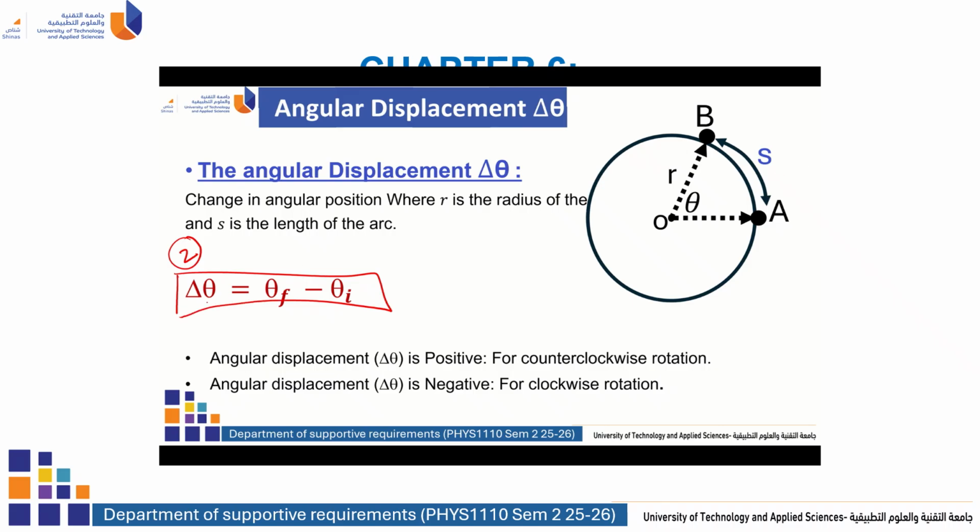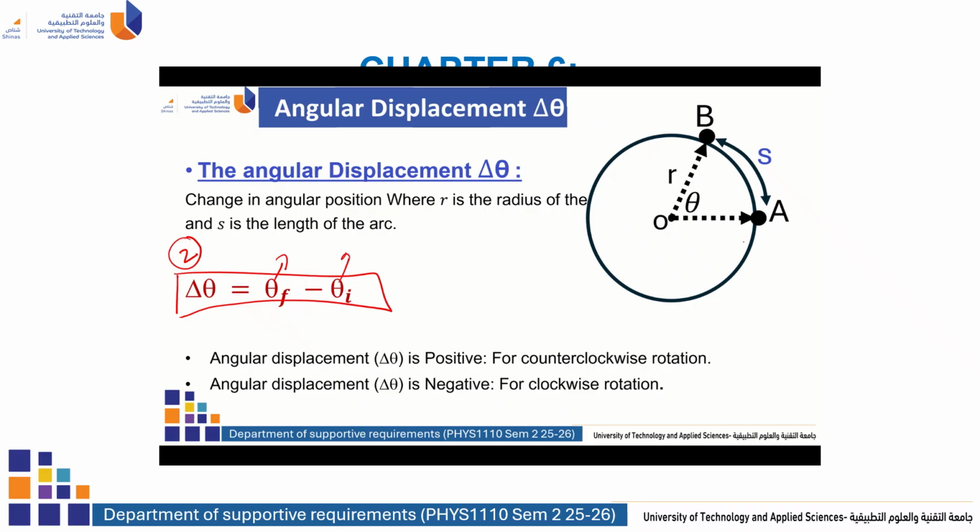The formula is delta theta equals the final angular position, theta f, minus the initial angular position, theta i, the difference between the two. So what are theta i and theta f?